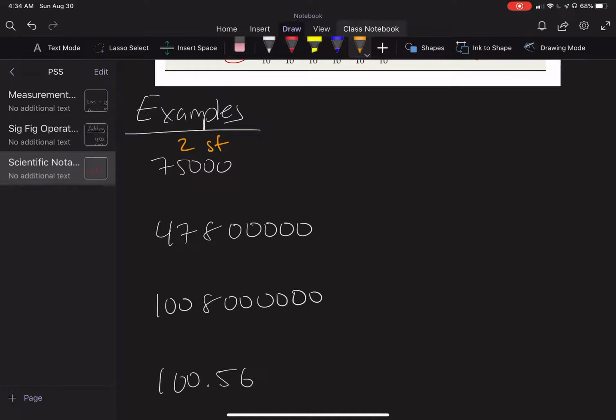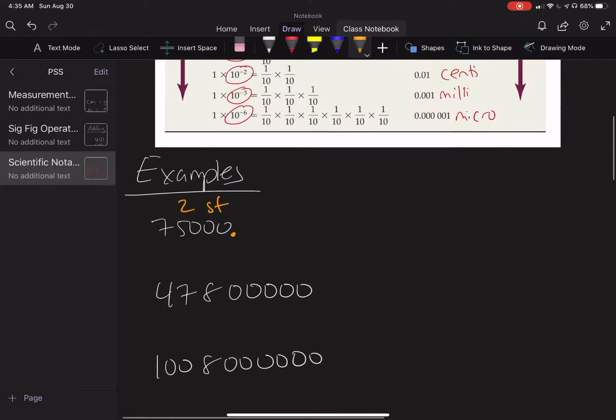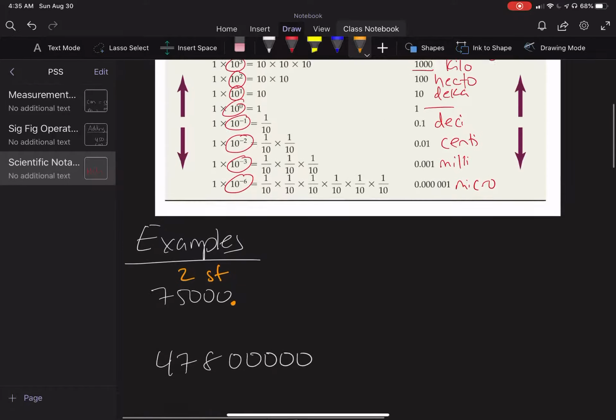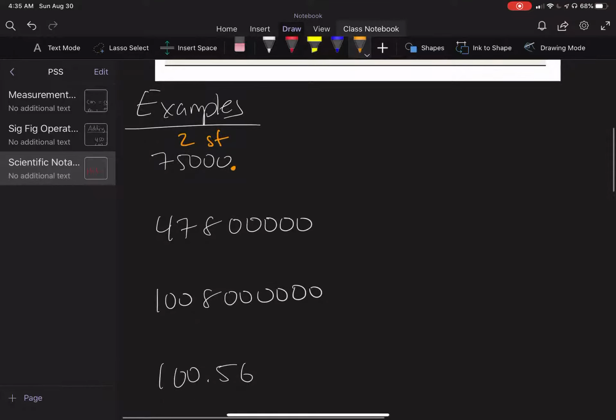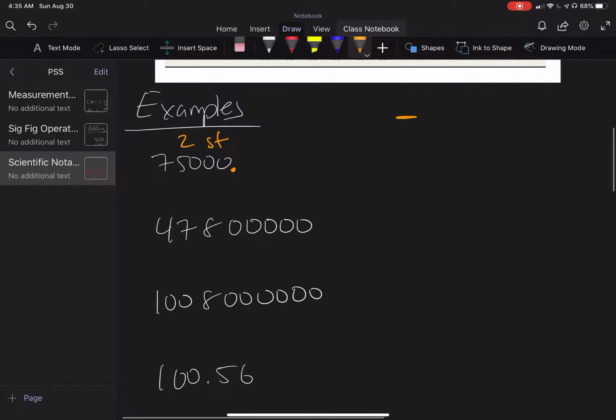Now the decimal point for this number is located right here. We don't have any zeros after it, so that's why we don't usually write the decimal point, but it's still there. Now to convert to scientific notation, we want to convert such that we have exactly 1 digit, and then the decimal, and then as many after the decimal as is necessary so that our value is expressing the correct number of sig figs.